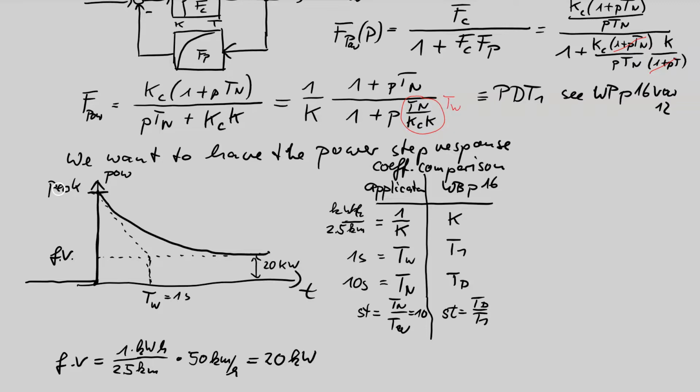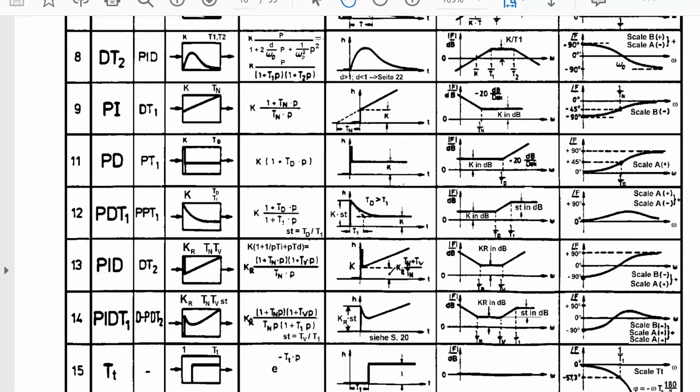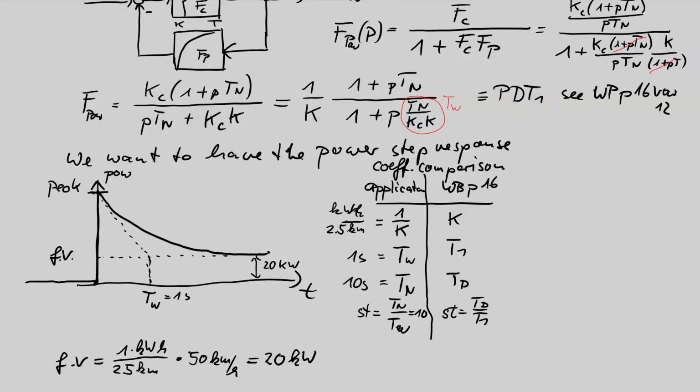Now, the peak value is nothing else than the final value times step depth. Now you see what happens with my power peak. The final value k, peak is k times step depth. So the ratio peak value to final value is my step depth. So we have finally here a peak of 200 kilowatt.